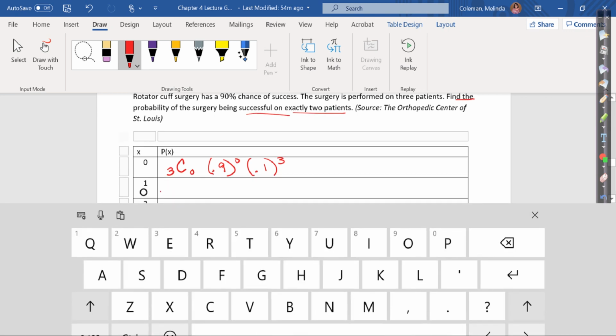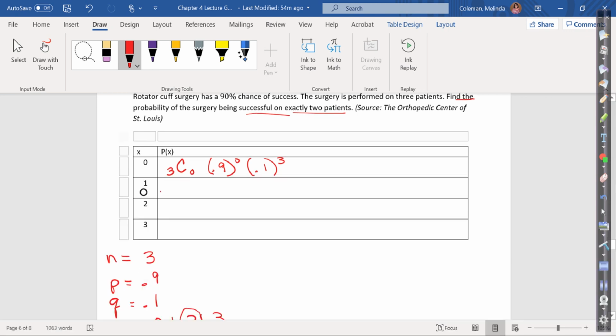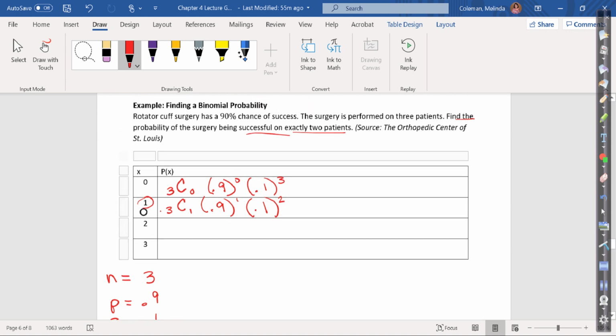Likewise, for the next one, I'm going to have still 3 things taken 1 at a time, because my X value is now 1, times 0.9 raised to the 1st, 0.1 raised to the 2nd power. So the formula is not terrible, especially when you look at the fact that the 0 here matches the 0 here.